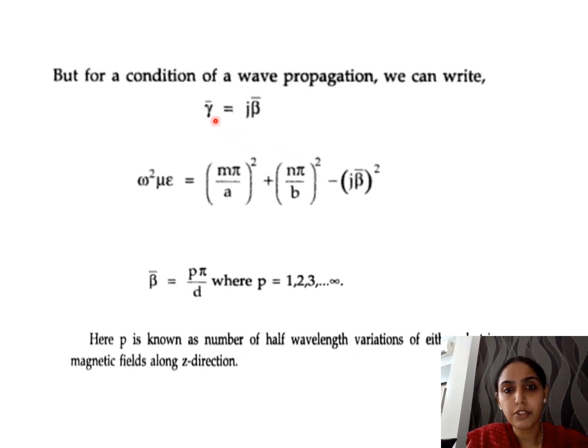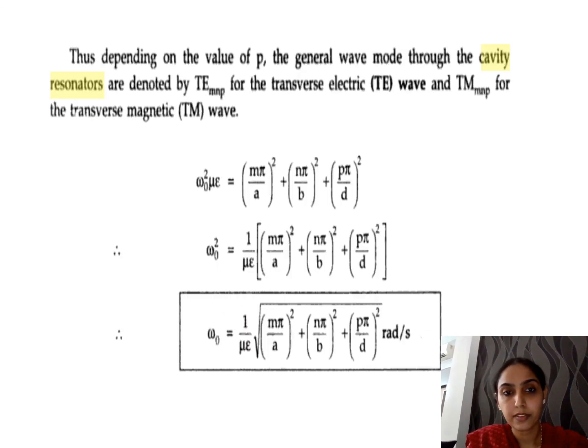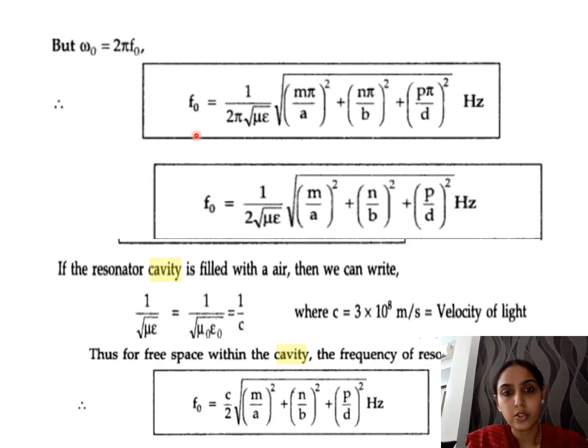Now gamma here, for a condition of wave propagation, is taken as j into beta, and beta we know is p pi by d. We know p is the half wavelength variation in z direction. So proceeding, you get the value for omega, the resonant angular frequency. Again you can replace omega by 2 pi f. So we get the value for f0.